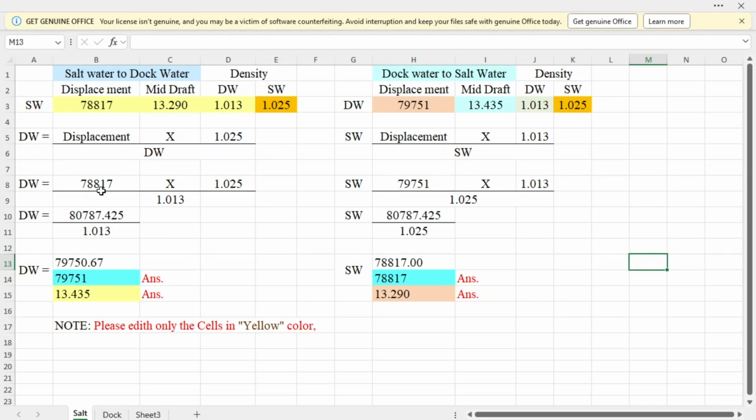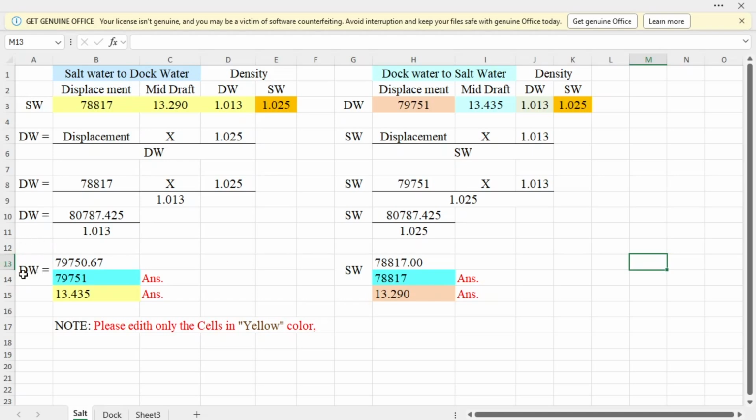over your local density of 1.013. So transpose displacement, which is 78817, times the salt water density of 1.025 over your dock water density or your local density of 1.013, and the answer would be 79750.67, or to round it up, 79751, and the corresponding draft will be 13.435 when you are floating in 1.013.